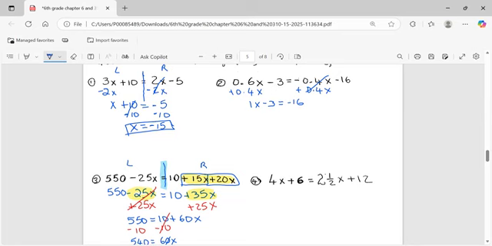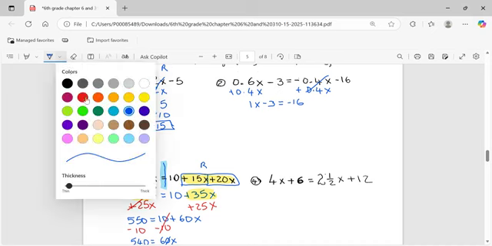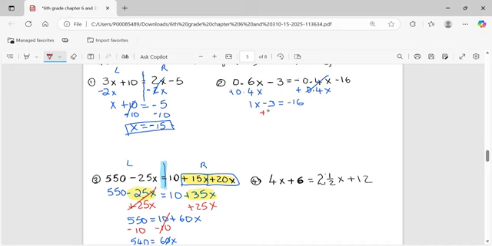Then to get x all by itself, I am going to add 3 to both sides because they're both numbers and I want to move everything away from that x. So that x is equal to negative 16 plus 3, and that's going to give me negative 13.